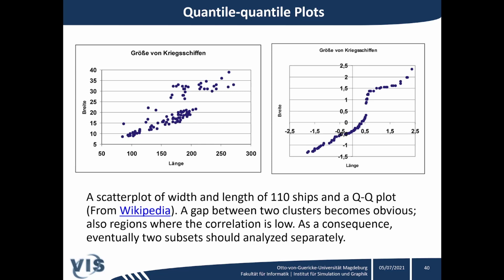You can see from the gap in the dot plot the decomposition of the data into two clusters. And for the bottom left cluster, the type of distribution appears to be the same for both variables. And for the second cluster in the upper right, the width tends to be larger compared to the first cluster. So the bulk in the plots shows that here the distributions of length and width are unequal.